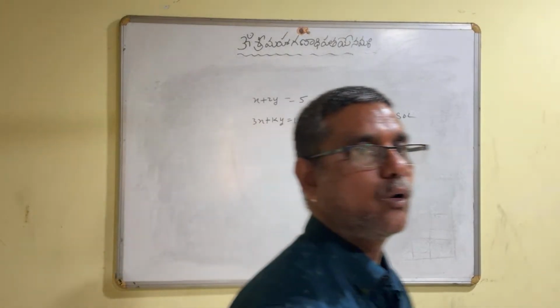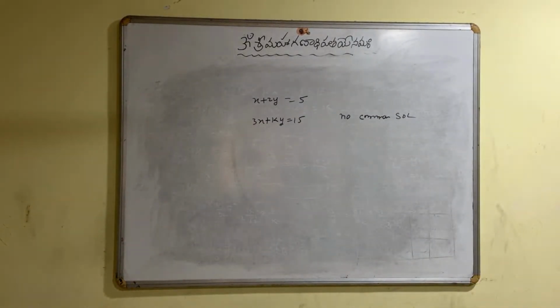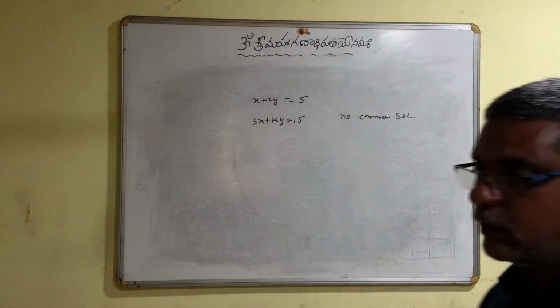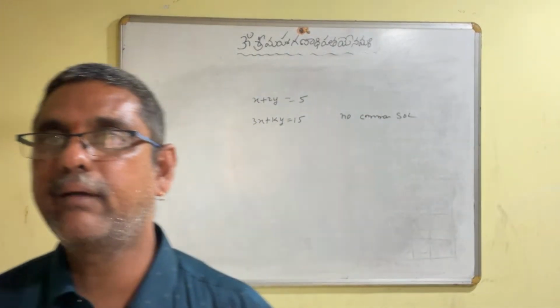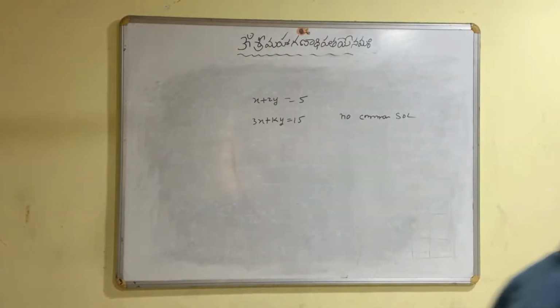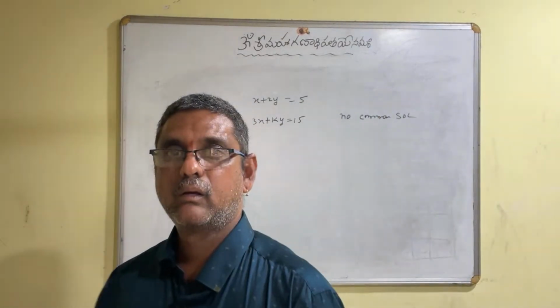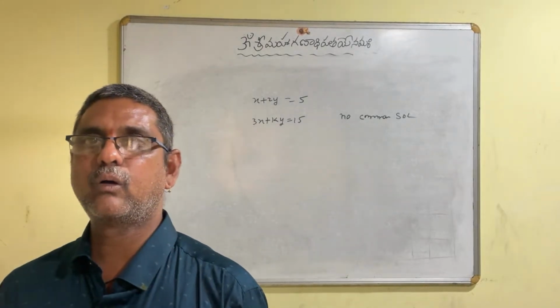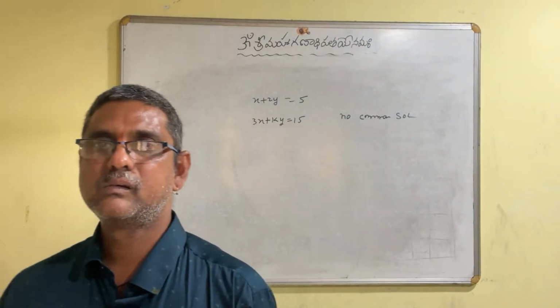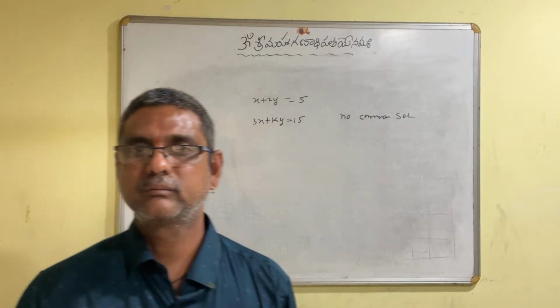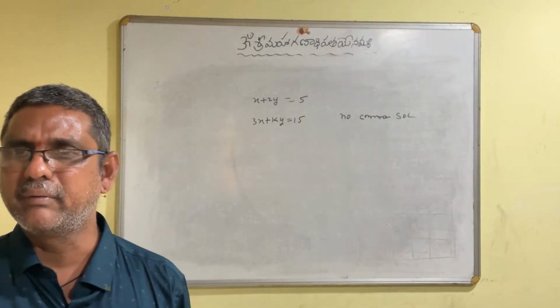Now, what is the condition for no common solution, children? The condition is a1 by a2 is equal to b1 by b2.